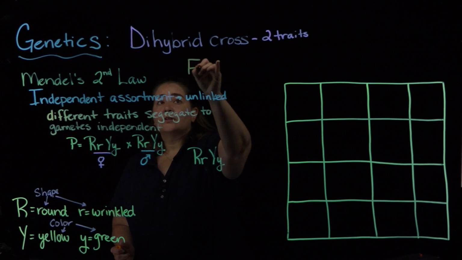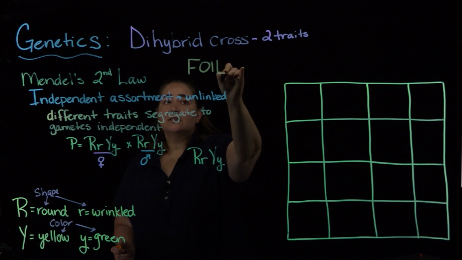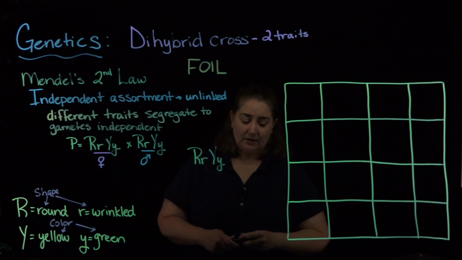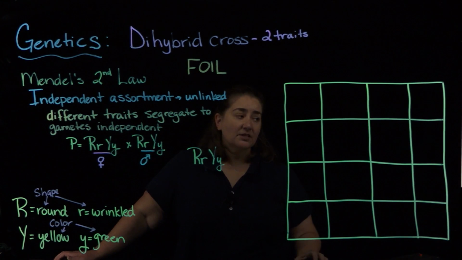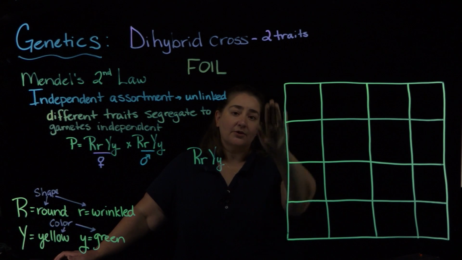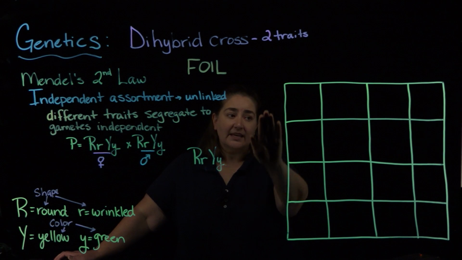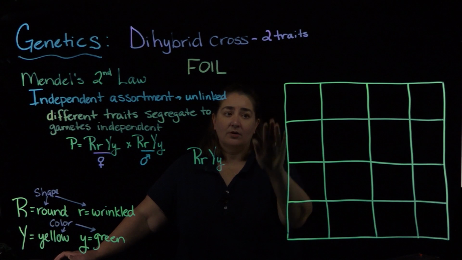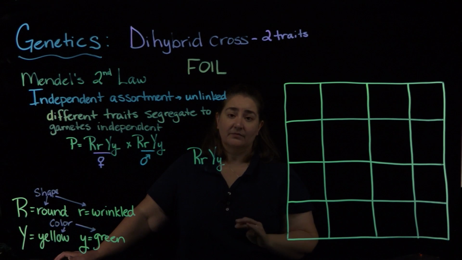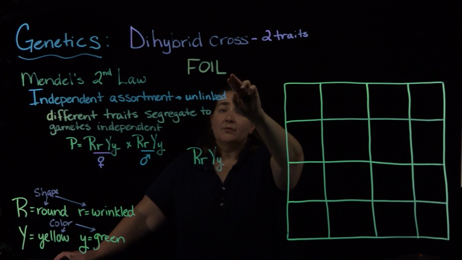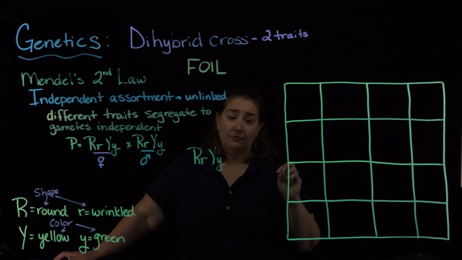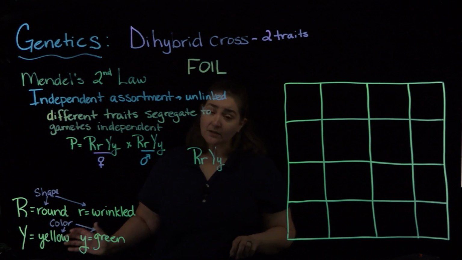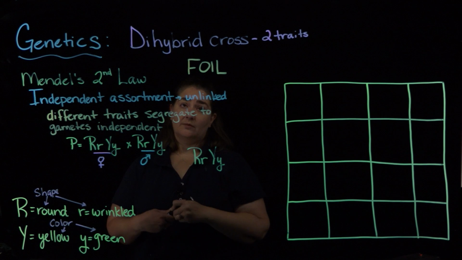The way that we're going to assign the gametes is using the FOIL method, because what I've found typically with students is the hardest part is assigning where the gametes go next to the boxes here. If you remember back to your math class and the FOIL method, that's what we're going to use now to assign our gametes.